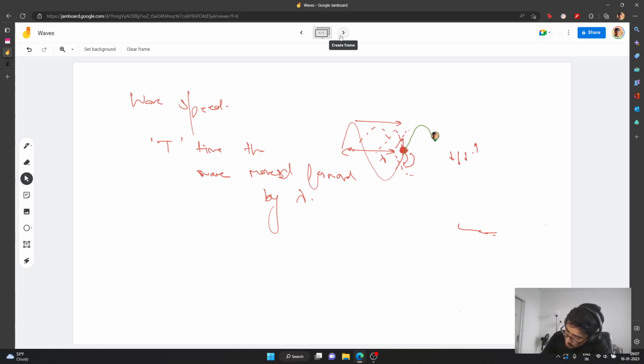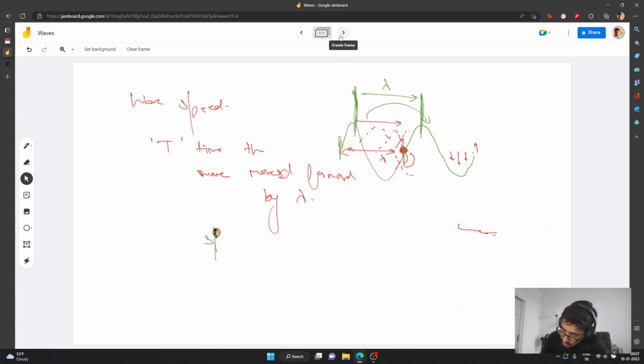This same wave from here to here would move to this section in one time period, right? So the peak of this wave has moved from here to here. This distance is lambda, and it has happened in T amount of time.